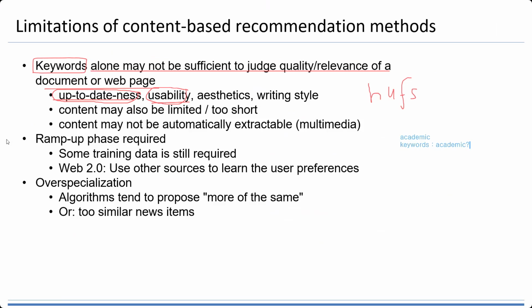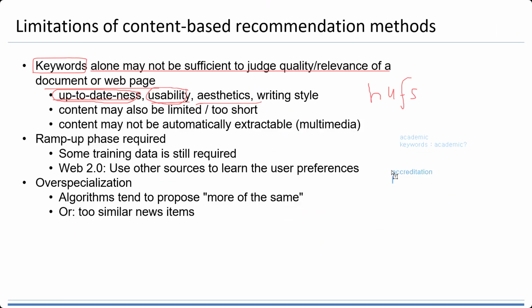Aesthetics. Aesthetic means just for the beauty of the documents or web page. For example, in the academic, it is relevant to find something related to accreditation. Accreditation, I don't know what is the Korean. It's like certification of the university.